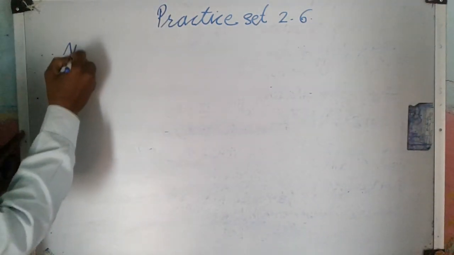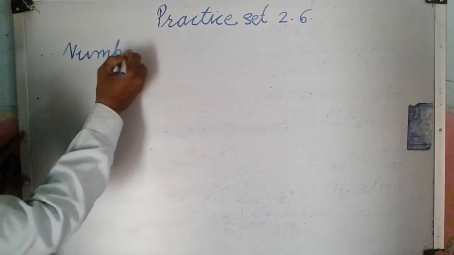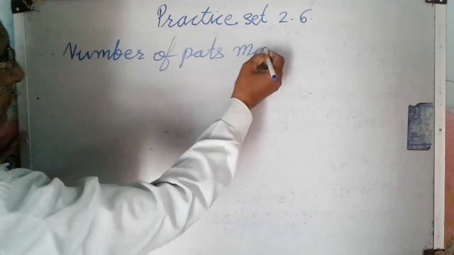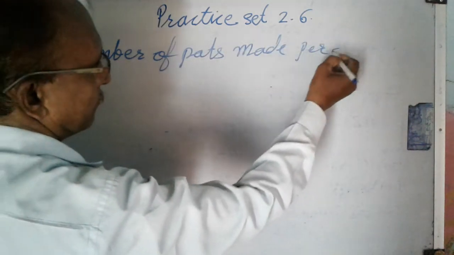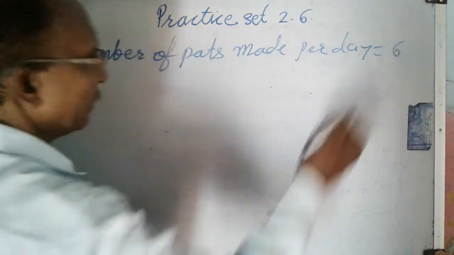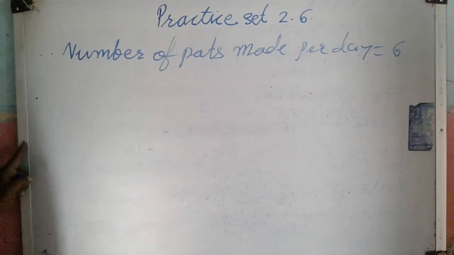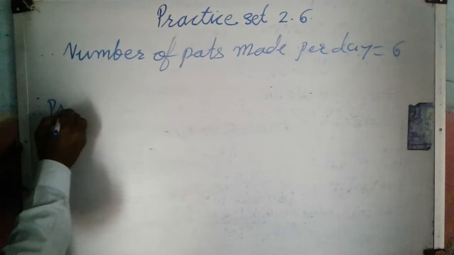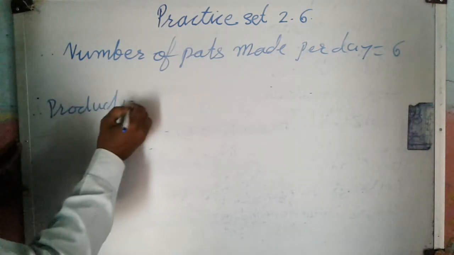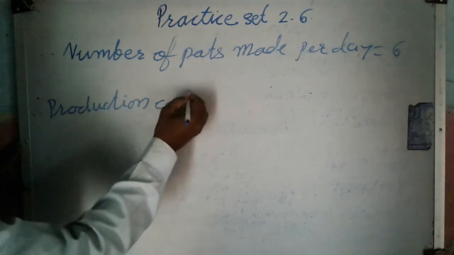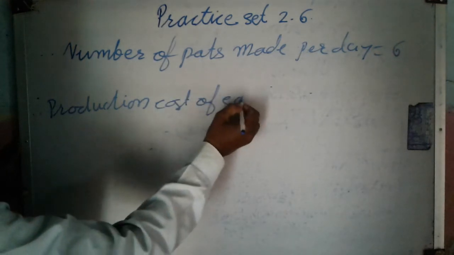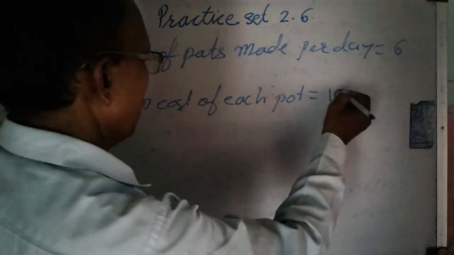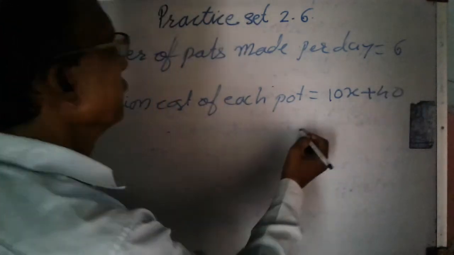Therefore, now we'll find the production cost of each pot. The production cost is equal to 10x plus 40.